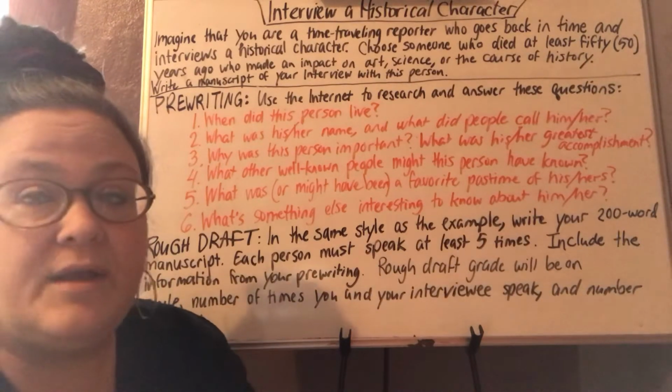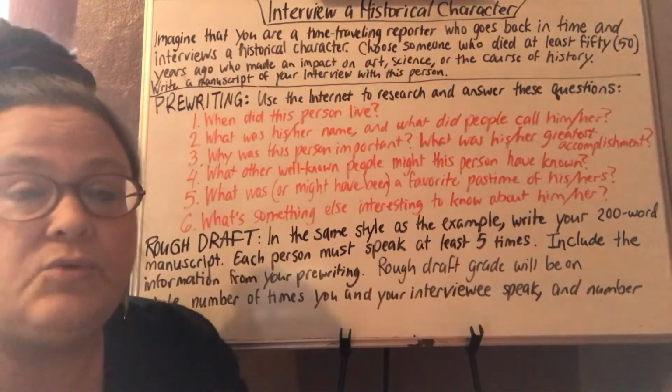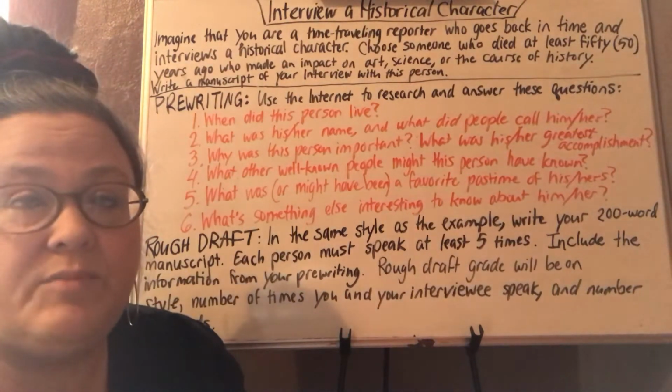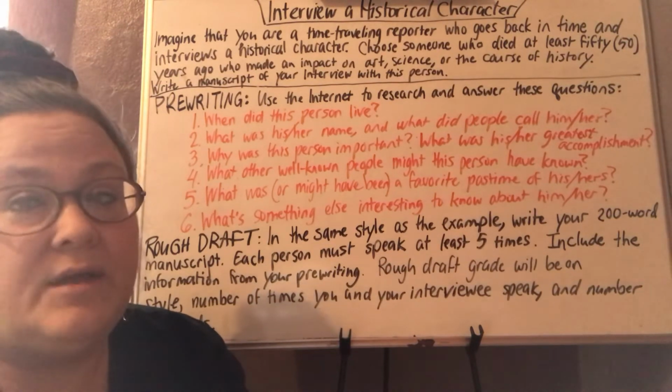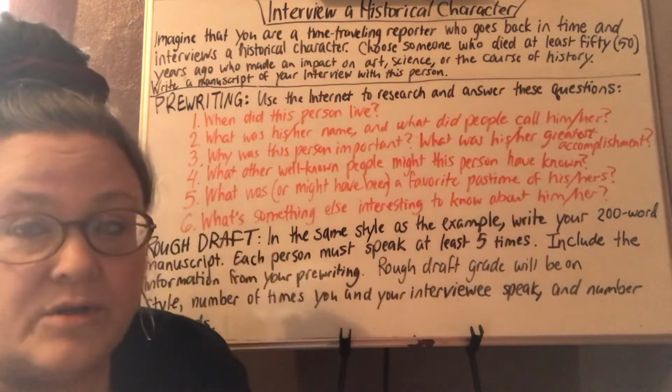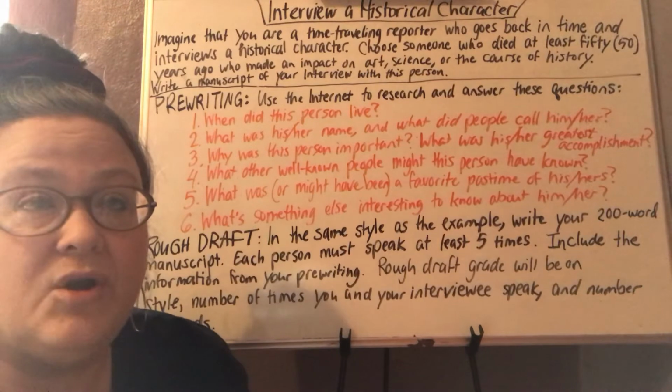For your pre-writing, you need to find out the answers to these questions. You will have to look online probably, because I'm guessing that whoever you choose, you will not just know the answers to all of these questions. And this person needs to be someone I've heard of.